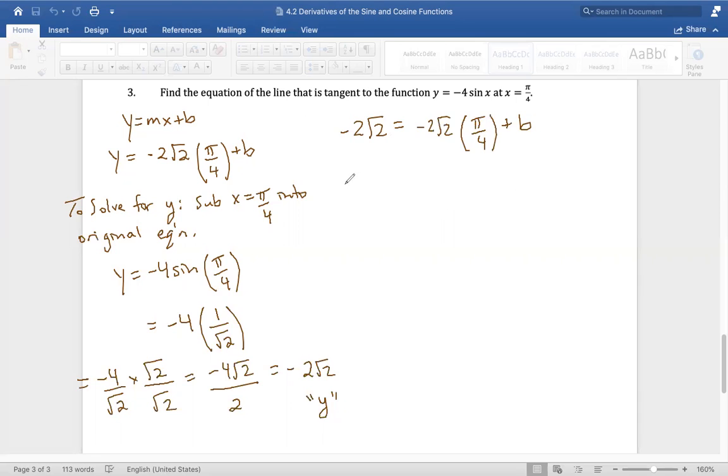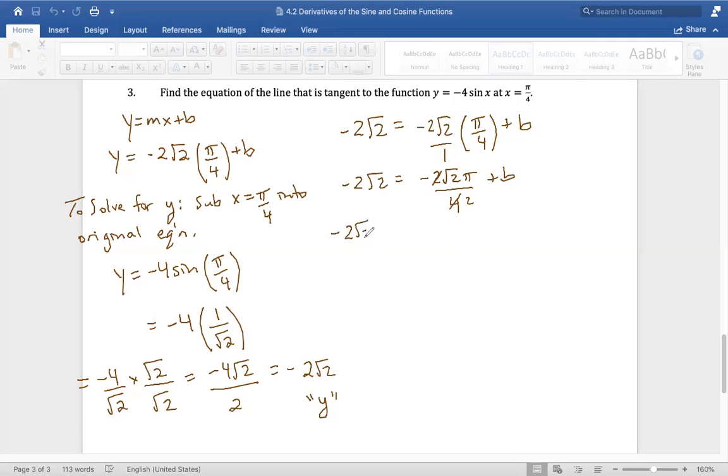So now the next thing I'm going to do is simply multiply across here. So I have negative 2 root 2 pi over 4 plus b, right? And then I can see that I have 2 and 4. I could change that 2 quarters, in lowest terms, to 1/2. So there would be a 1 there and a 2, just to condense it.